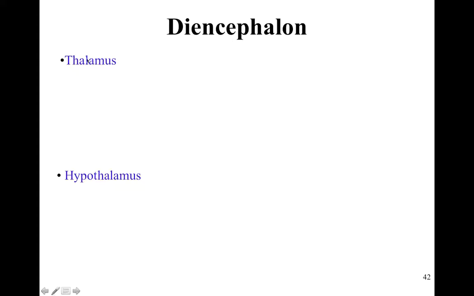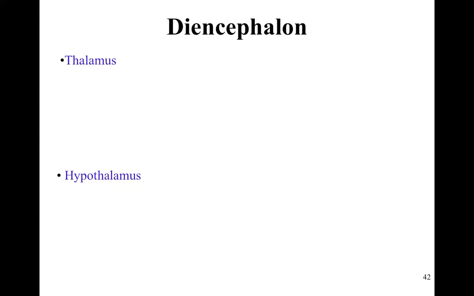The thalamus's job is really to send the impulses to the right part of the cerebral cortex for interpretation. So the signal comes in, and the thalamus sends it to the right part of the cerebral cortex so it can be interpreted there.